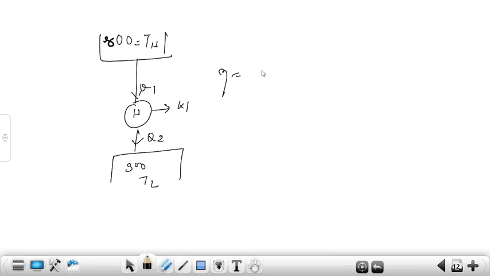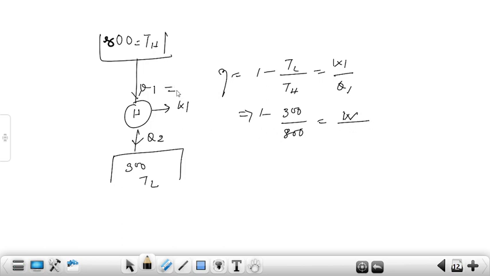So efficiency we know is 1 minus T lower by T higher, which is equal to W divided by Q1. So 1 minus 300 by 800, and W and Q1 given: 400 kilojoule.